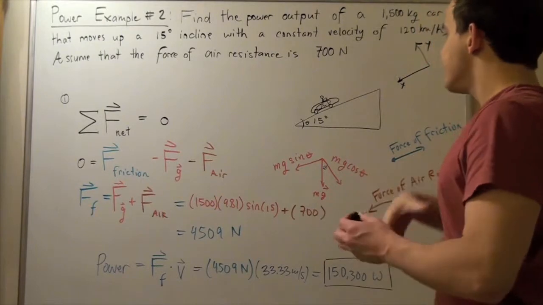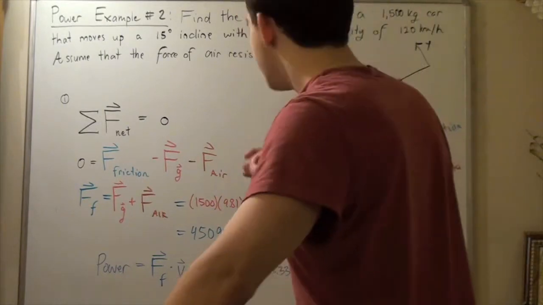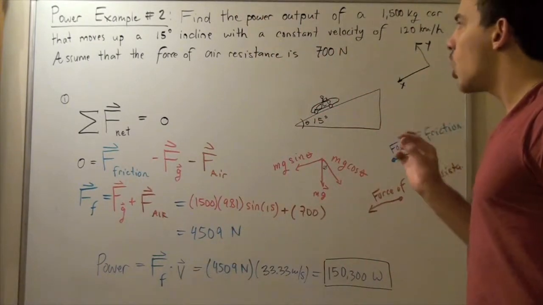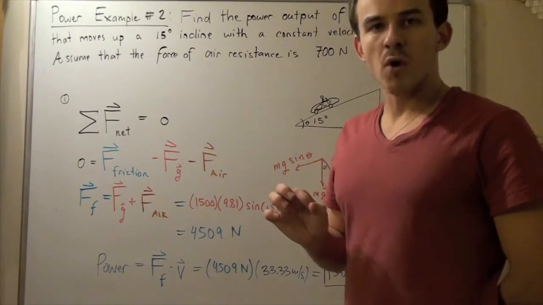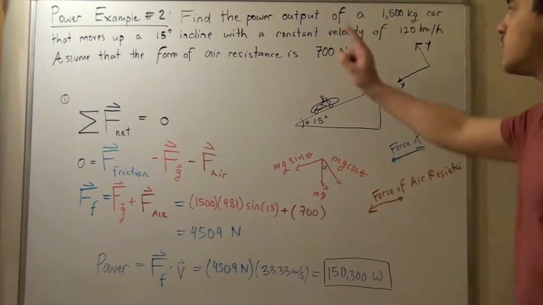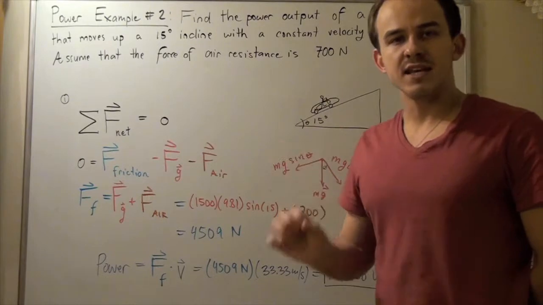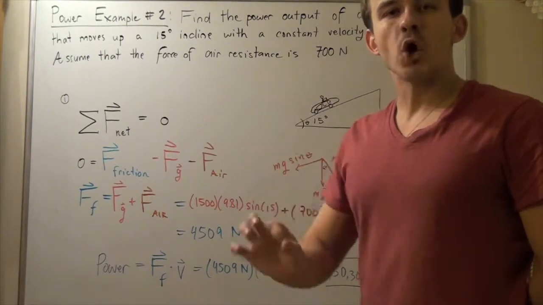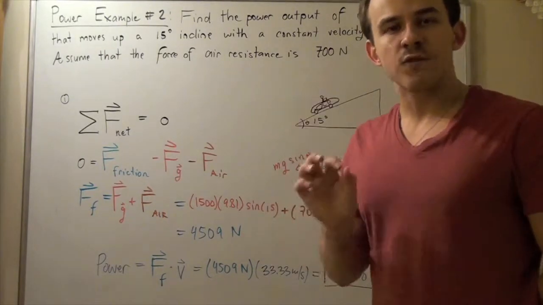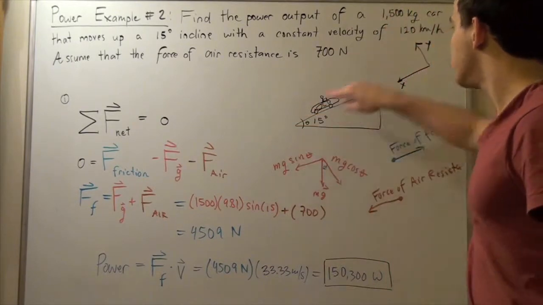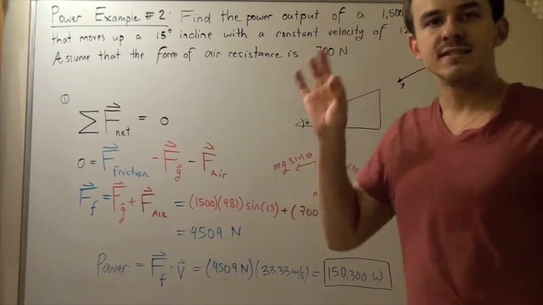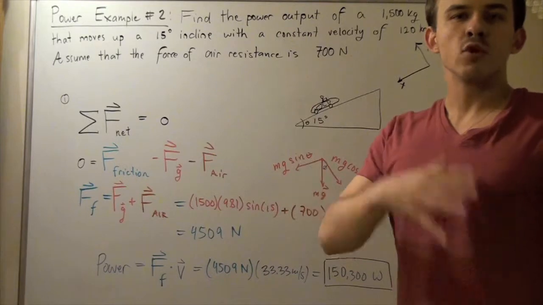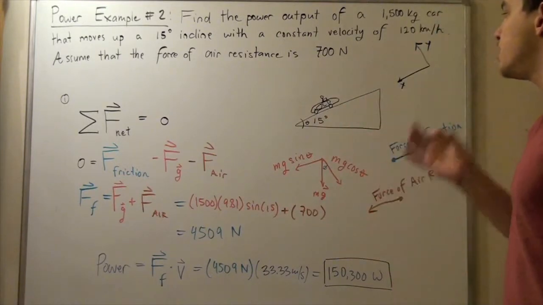So what are the steps that we should take in our problem? Well, we know from the first and second law of motion that if our car is moving with a constant velocity, that means there's no acceleration, and so our net force on the car along the x-axis is 0. So if we sum up all our forces, that will equate to 0.